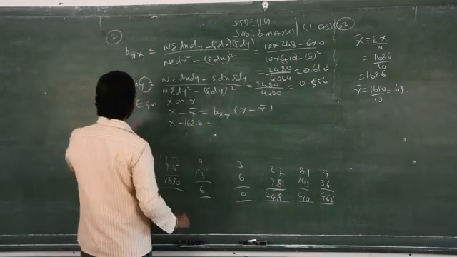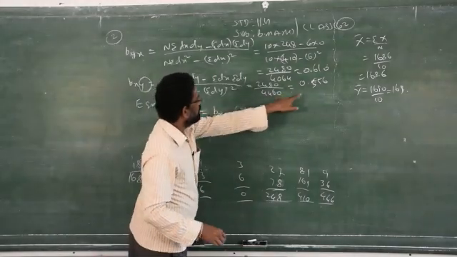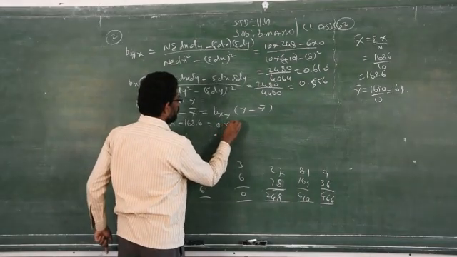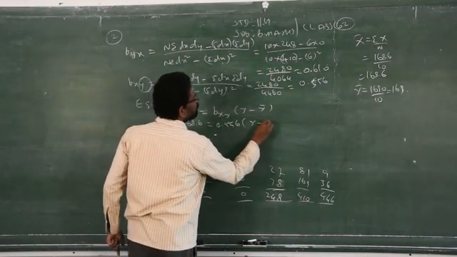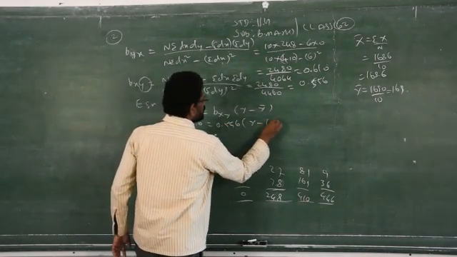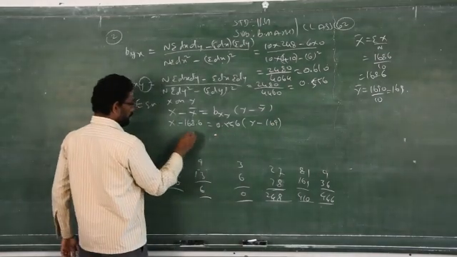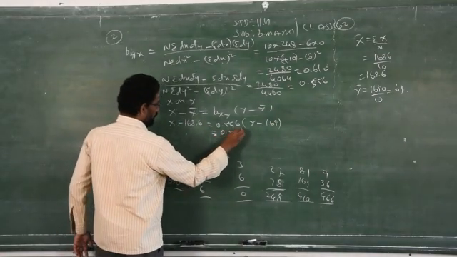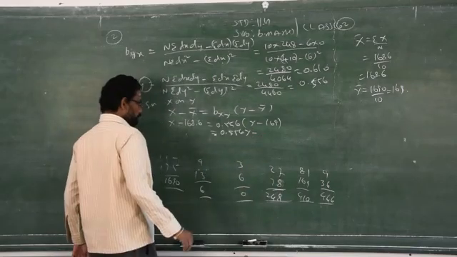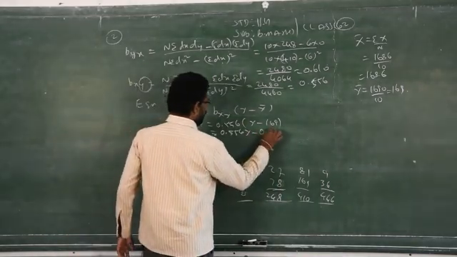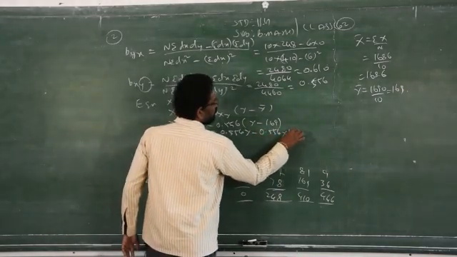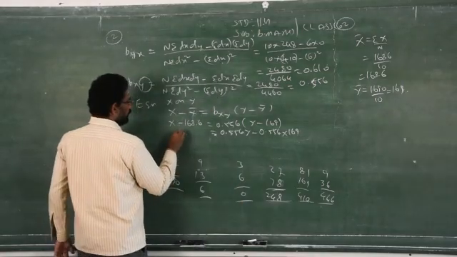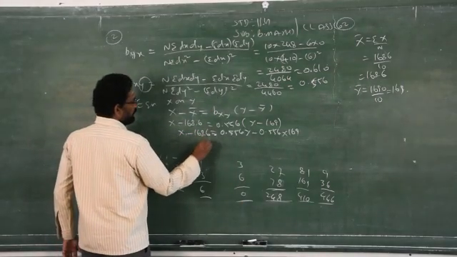Is equal to, what is our bxy answer? bxy answer is 0.556, y minus y bar is 169. Just you have to multiply 0.556 y minus 0.556 into 169, x minus 168.6.